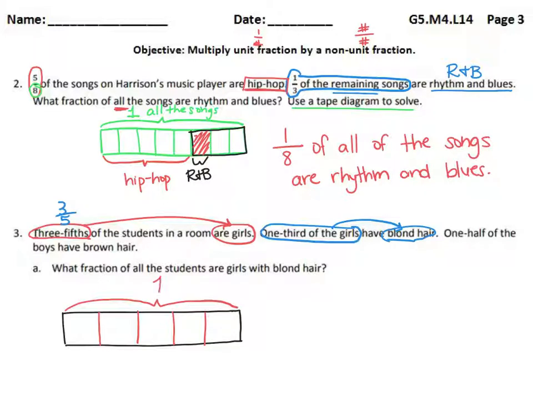So the whole classroom, one classroom, or 5/5. Okay? And we can see here 3/5 are girls. So we need to mark that out. 3/5 are girls.